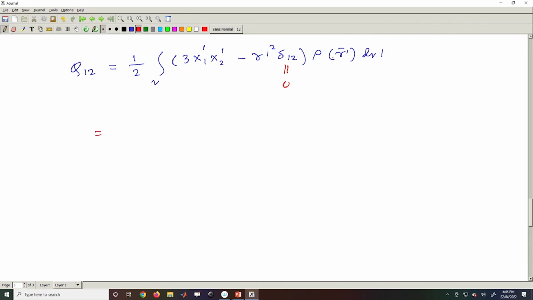So, I simply have q divided by 2, and then I have the integration over volume, and I have 3 x1' x2', and the delta function, whatever the delta function is there. So, let me write it once again, delta.